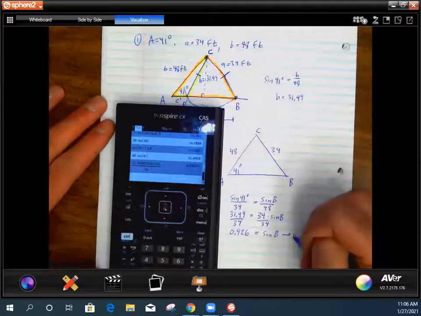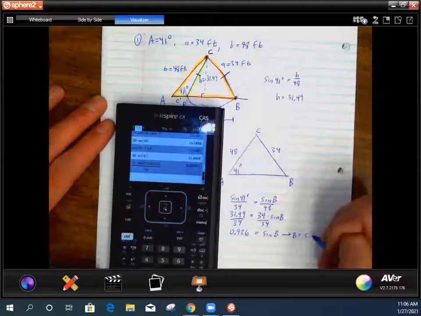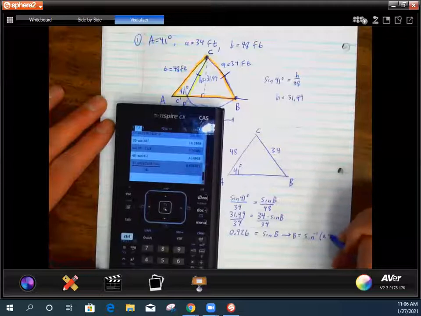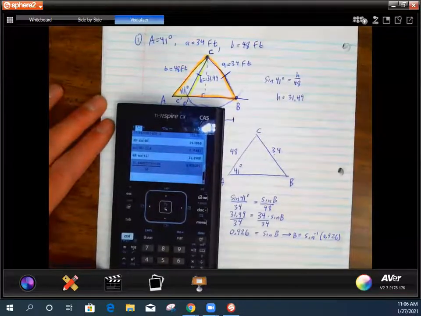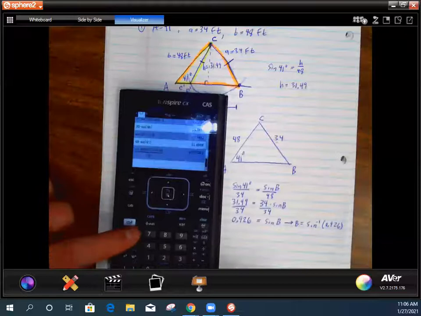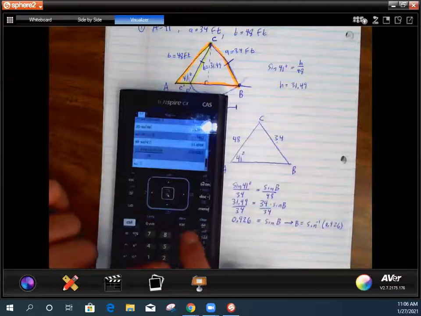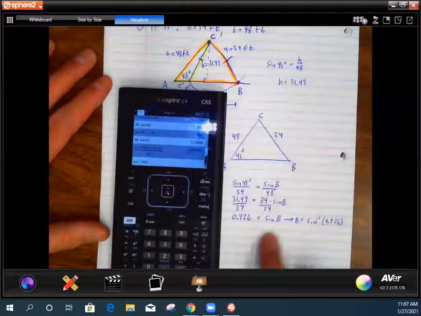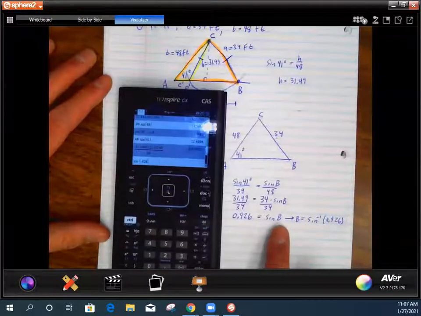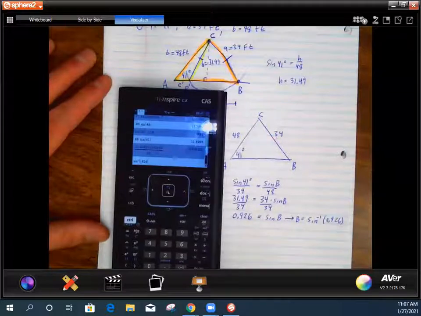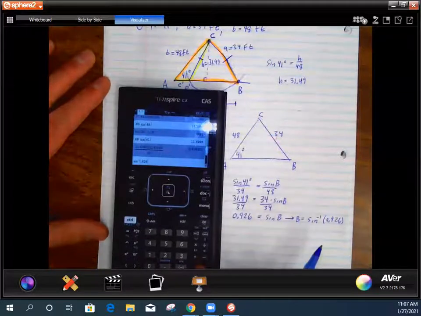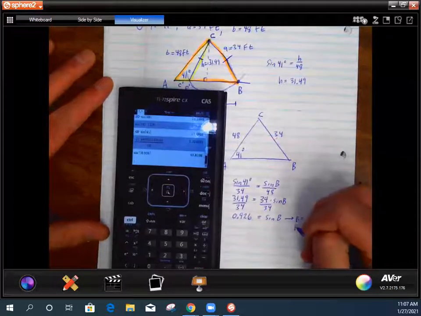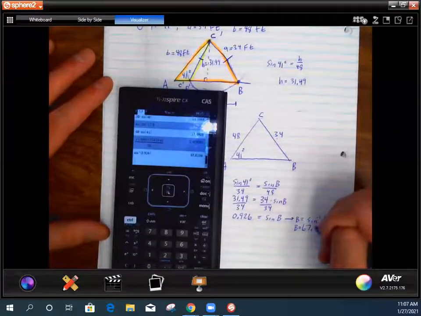So if I do the sine inverse of 0.926, that'll give me what angle B is. So on my calculator, I'll do the sine inverse of 0.926, because when you have the sine of a variable is equal to a ratio, the way to get that variable alone is to do the inverse, to switch X and Y. All right, so that comes out to be 67.8 degrees.